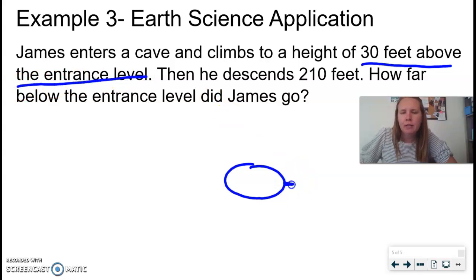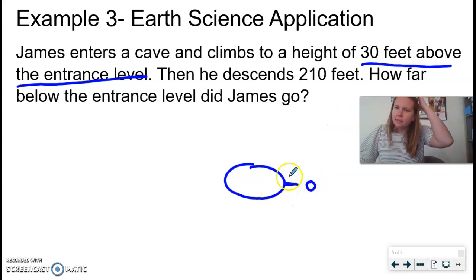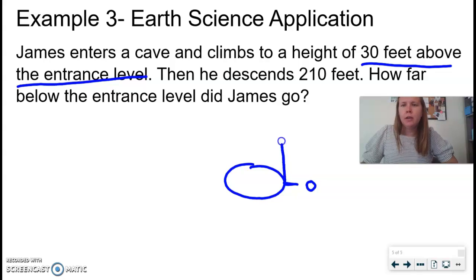Basically, my entrance level here is going to be 0. So if he's going above it, he's going in the positive direction. So he is going up 30 feet here. And then it says that from here, he descends down 210.